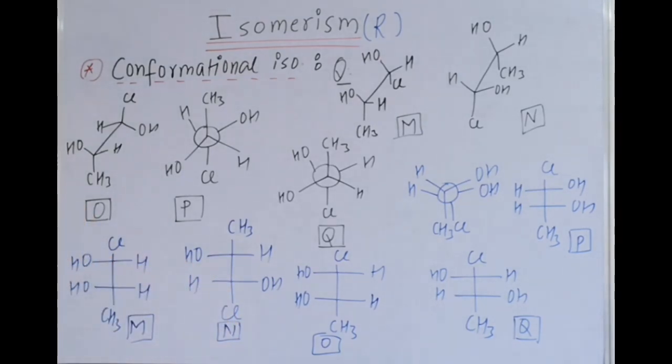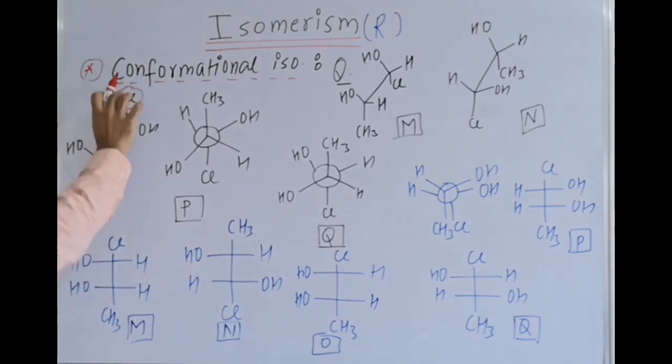Now next is O. In case of O, we can convert this molecule from staggered to eclipsed form, just like we have structure M. And how can we convert? We rotate the molecule exactly 180 degrees, because Cl and CH3 are exactly opposite as given.